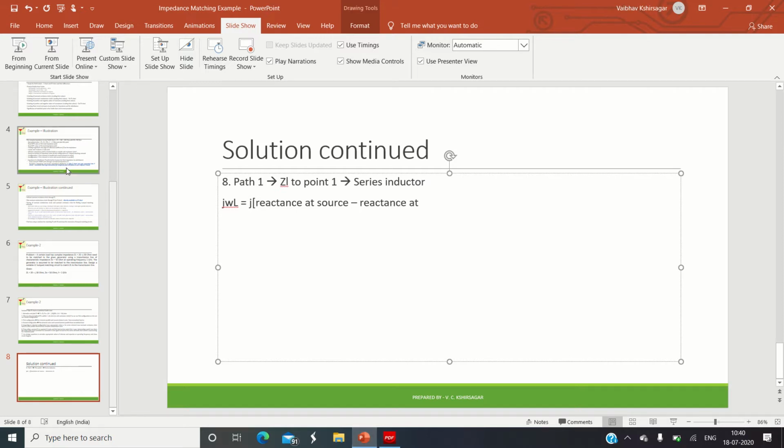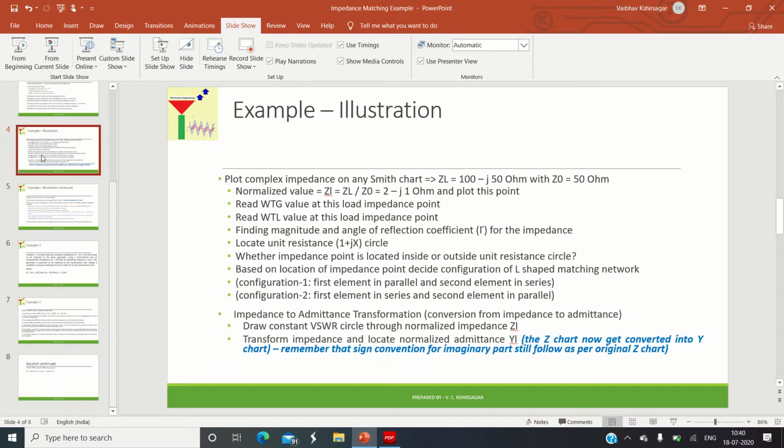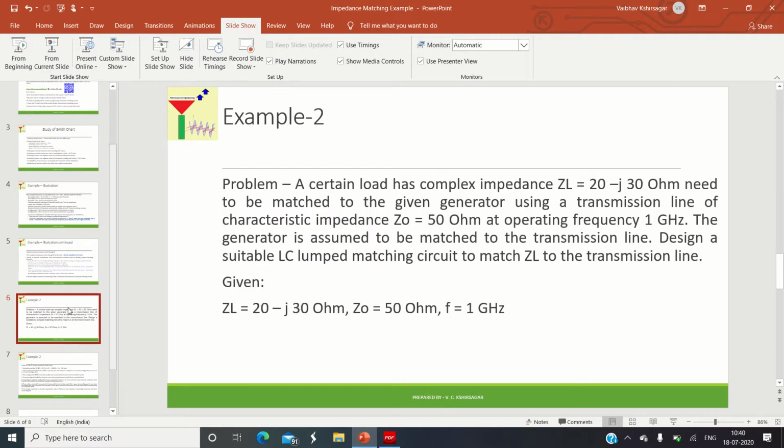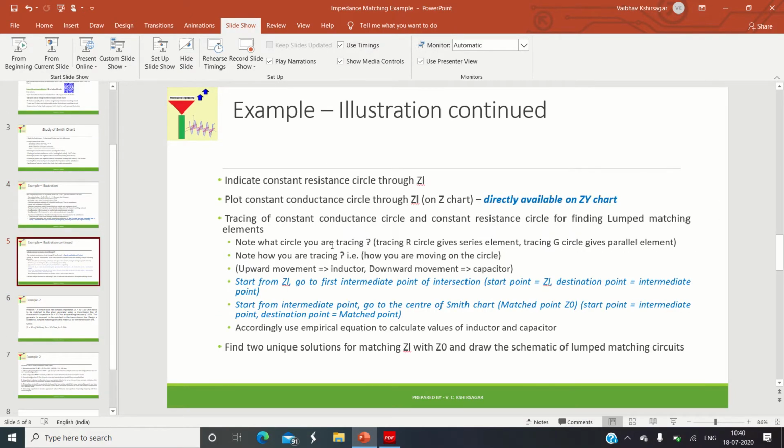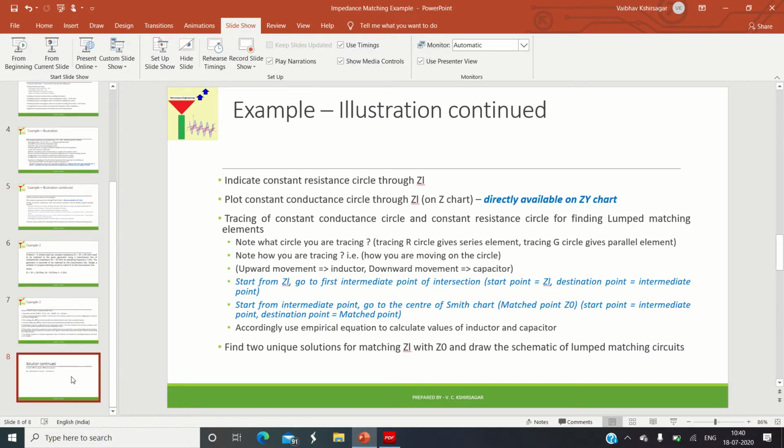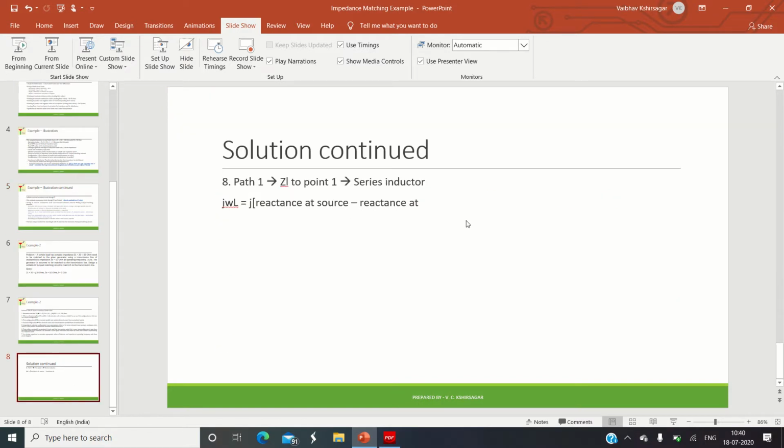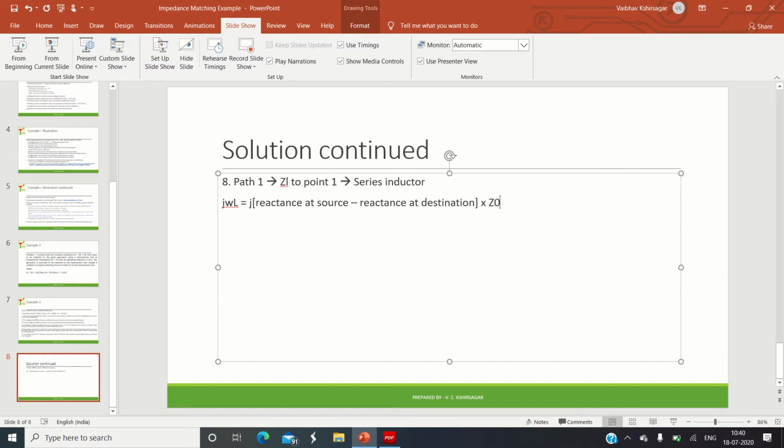You can remember the earlier written formulae and write the same equation. And since it is a reactance, we need to multiply it by Z0.